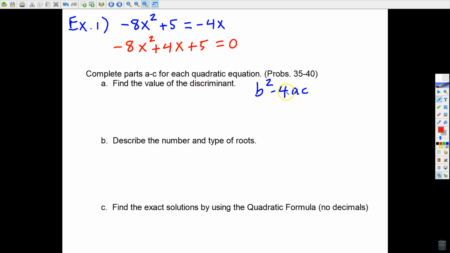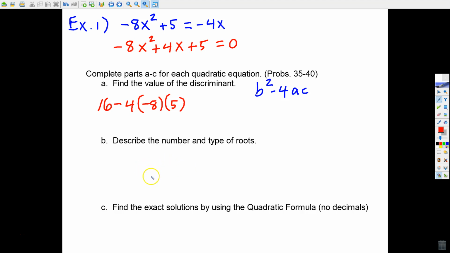Now we're ready to plug into our discriminant formula, so it'll be b squared. 4 squared is 16, minus 4 times a is negative 8, times c is 5.